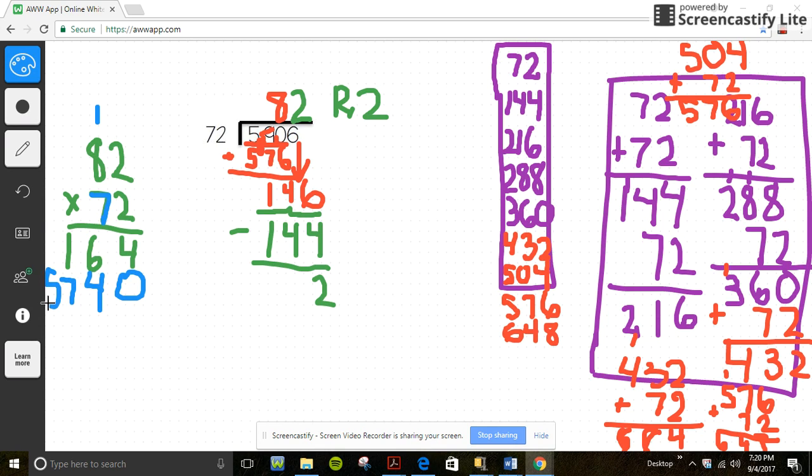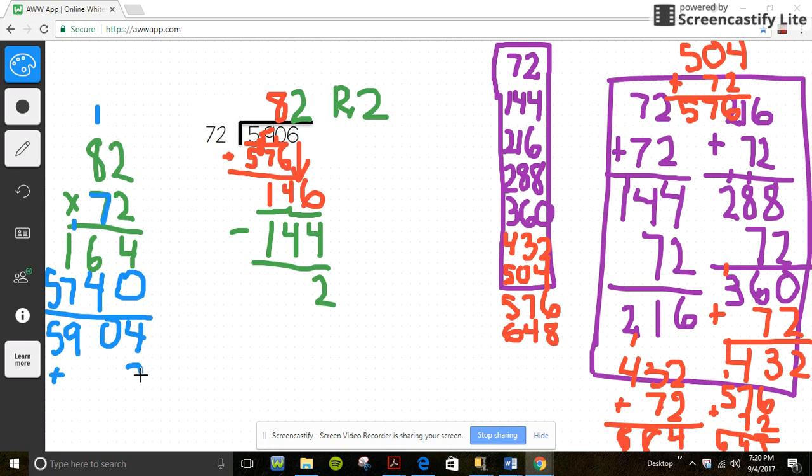So let's see how we do. We come up with 4, 10, carry the 1, 9. And a 5. Now the problem is that that is not even the correct answer here, but we have to remember to add the remainder.